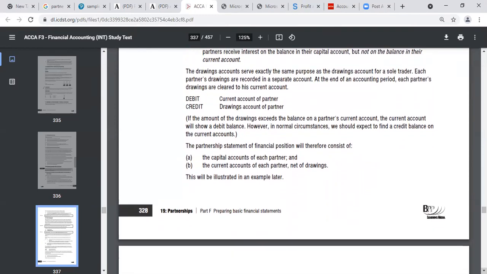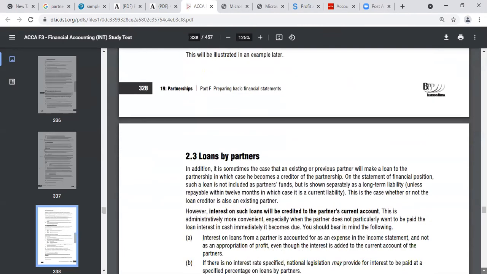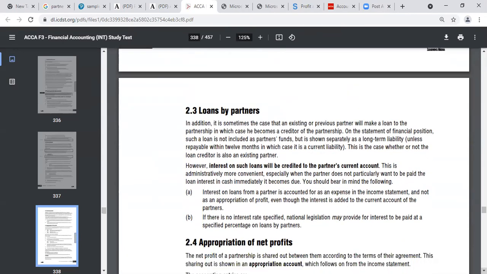So the financial position under equity will definitely have the capital account and the current account, as we shall see. We also have cases where we have loans by partners. Partners can lend money to the business, to the partnership. The reward for loans by partners is us paying them interest.